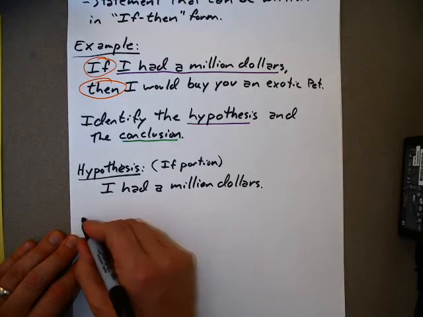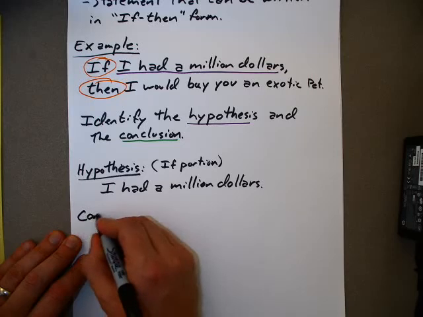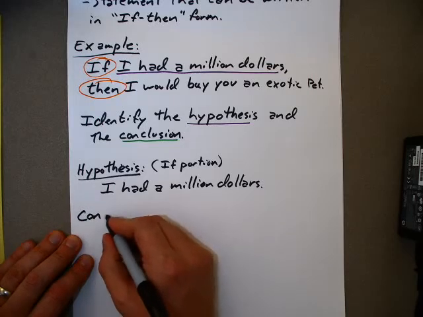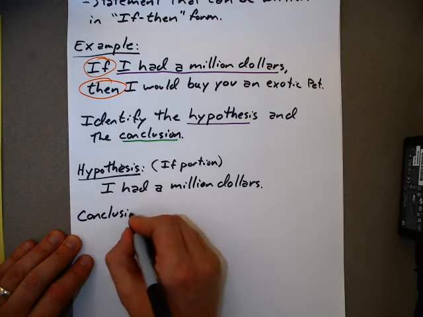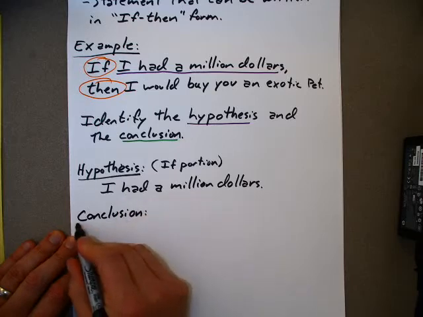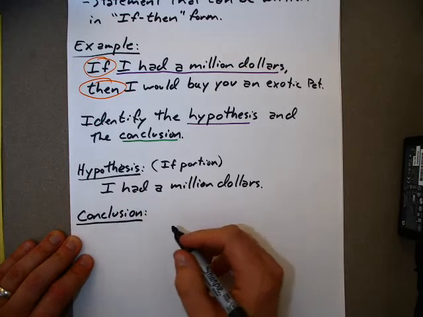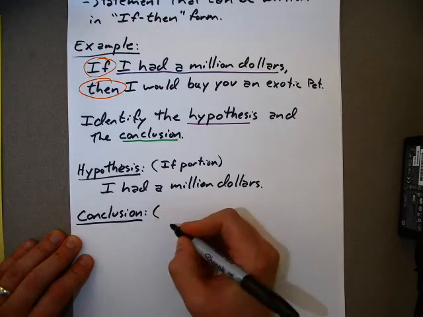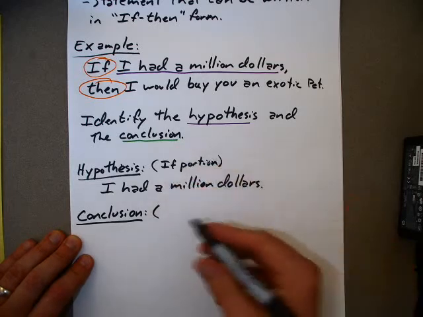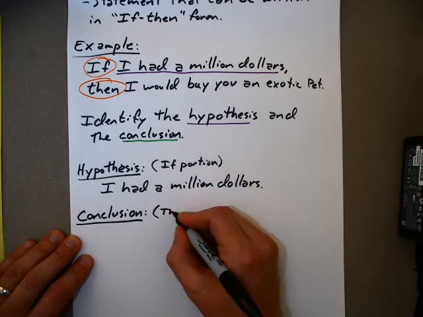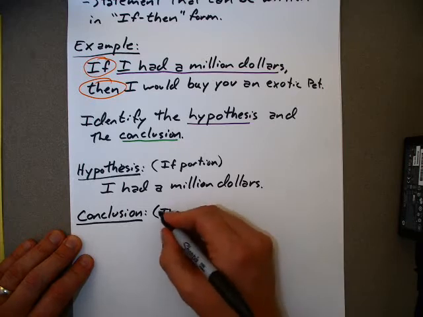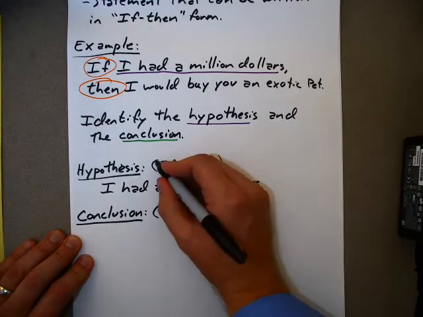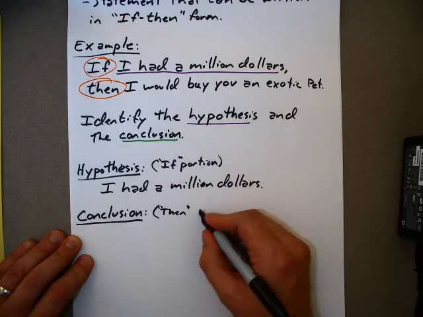And let's take a look at our conclusion. Our conclusion is what happens when the hypothesis comes true. So this is the then portion of the sentence.